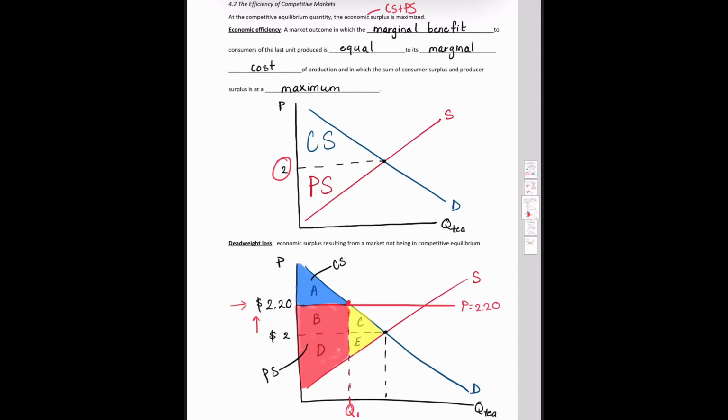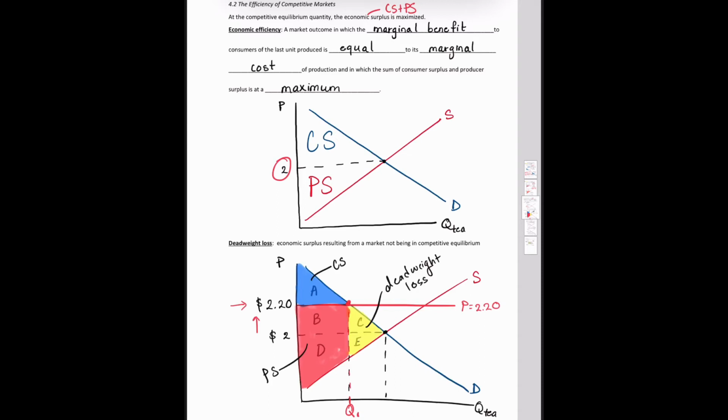Deadweight loss is the economic surplus resulting from the market not being in economic equilibrium. So economic surplus is going to decrease by some of the areas C and E. Deadweight loss can also be thought of as the amount of inefficiency in the market.